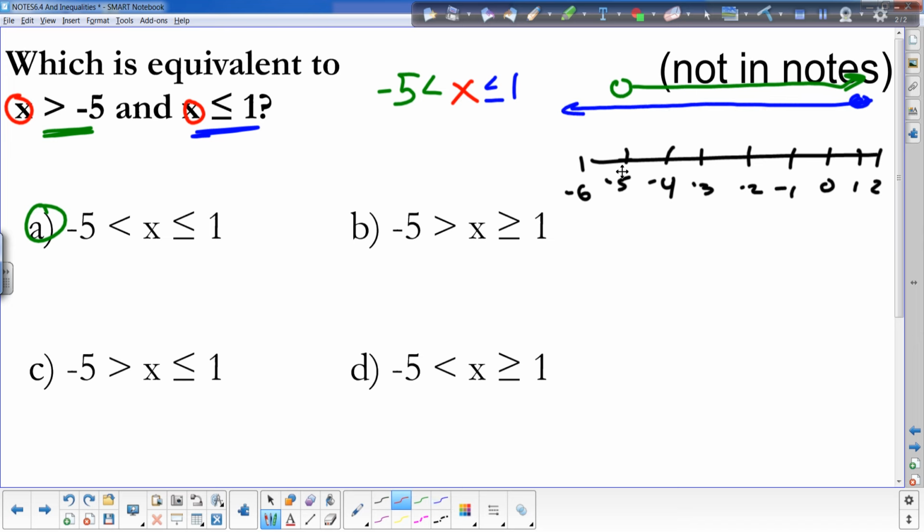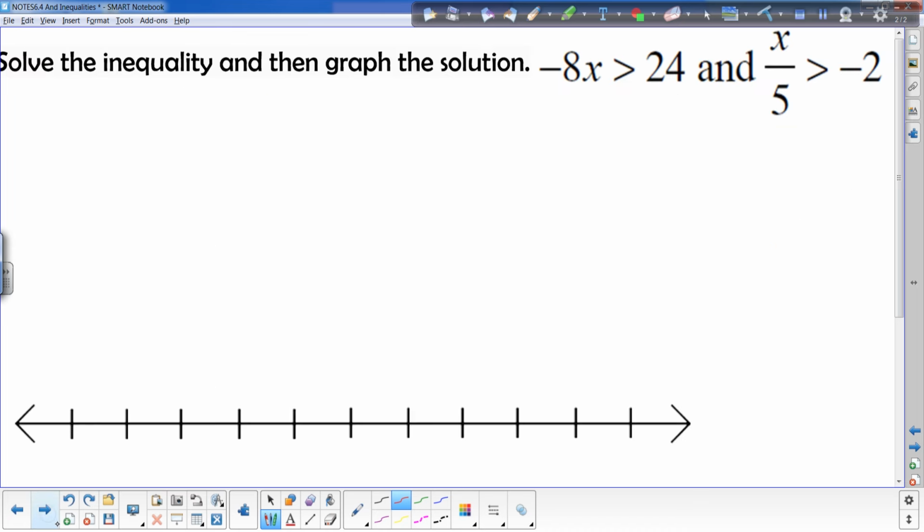And said where they overlap is between -5, this should be an empty circle, between -5 and 1. So then you wrote x is between -5 and 1. Okay, so 2 ways to do it. You can just jump straight from here to the writing, or you can graph it, look where they overlap, and then write. Now we're going to get to the solving part.